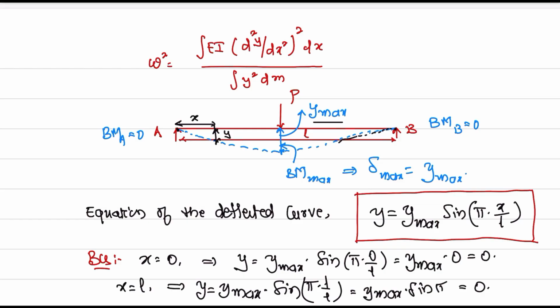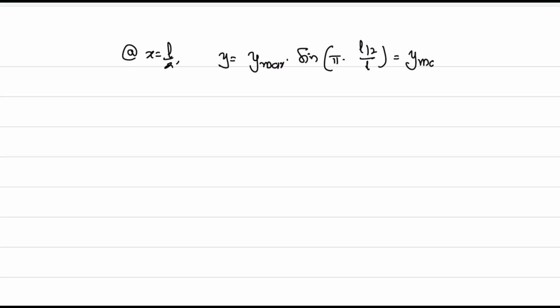And at x is equal to L by 2, it should be maximum. At x is equal to L by 2, y is equal to y max into sin pi into (L by 2) by L, that is equal to y max into sin pi by 2. What is the value of sin pi by 2? That is 1. That is equal to y max.